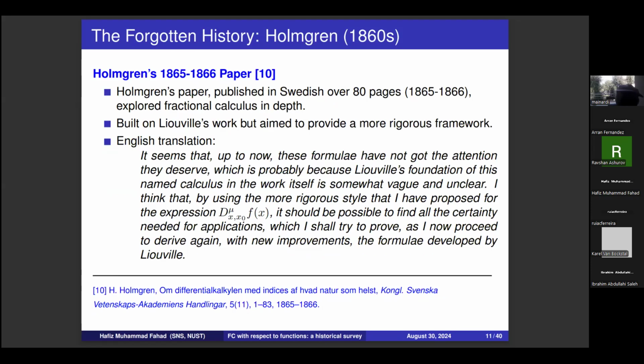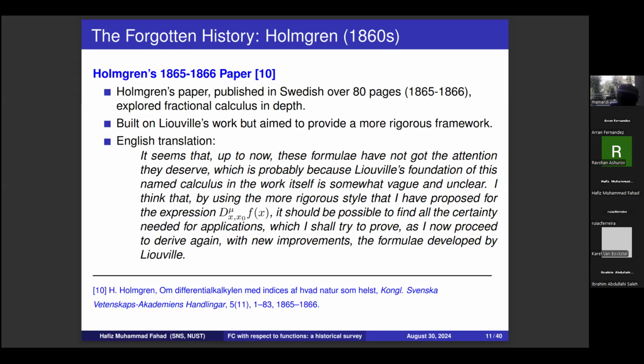Now, in the mid 1860s, Holmgren produced an extensive paper on fractional calculus spanning over 80 pages, and that paper was published originally in Swedish. So his work expanded on Liouville's ideas, but provided a more rigorous framework.